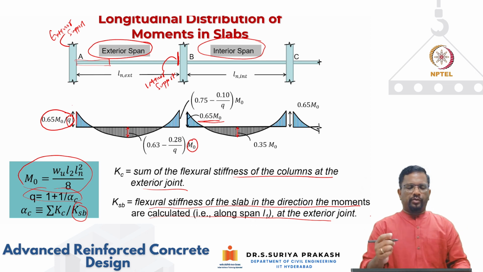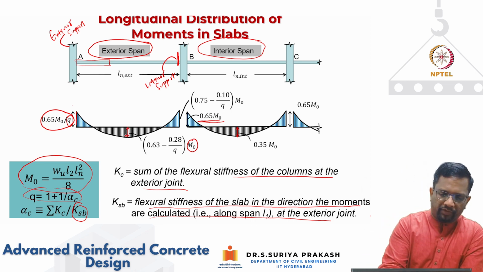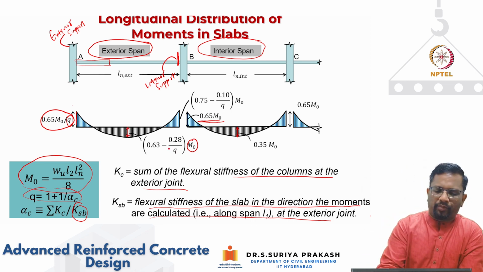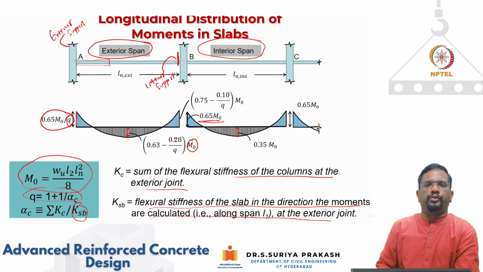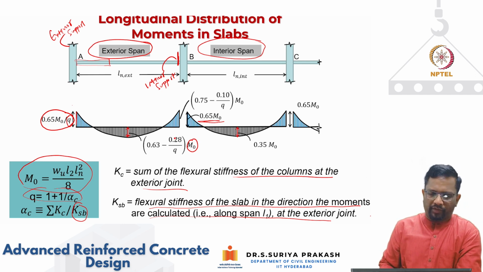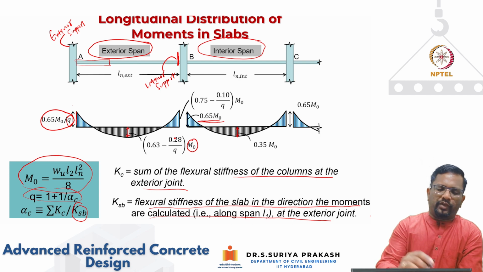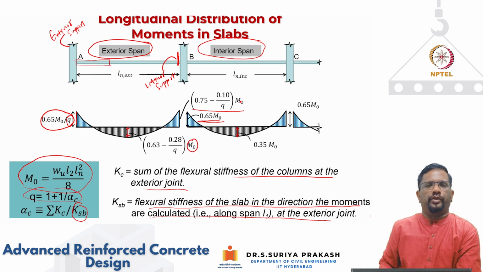Now what would happen to the positive moment? For the positive moment, we take 0.63 minus 0.28 by Q times M naught. Similarly, for the exterior span, interior support location, we take a moment of 0.75 minus 0.1 by Q times M naught. Now you can ask me, how did we get all these values?